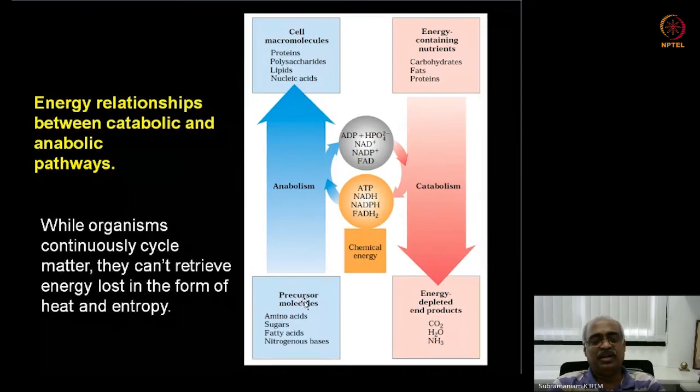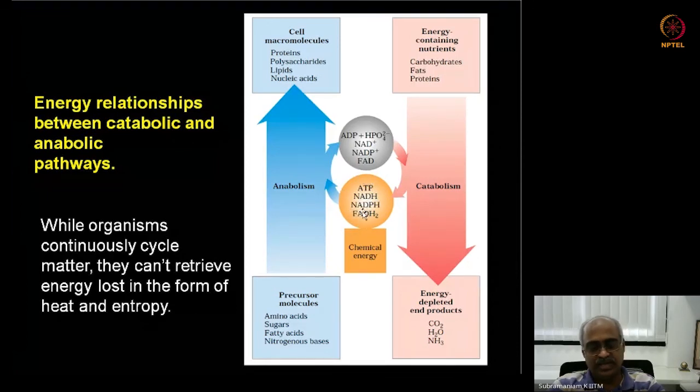Okay, so anabolism is going to require chemical energy, and the chemical energy is usually in the form of these molecules. I'm not going to get into the details because we are going to look at each one of them, their structure and function later when we get into metabolism details. So these are the molecules.